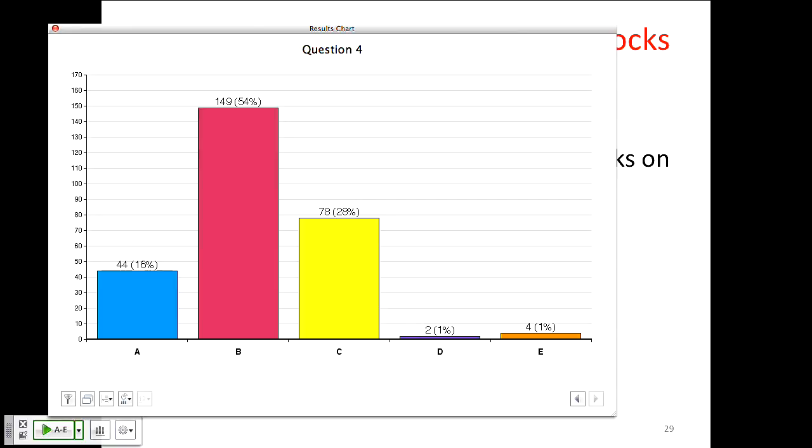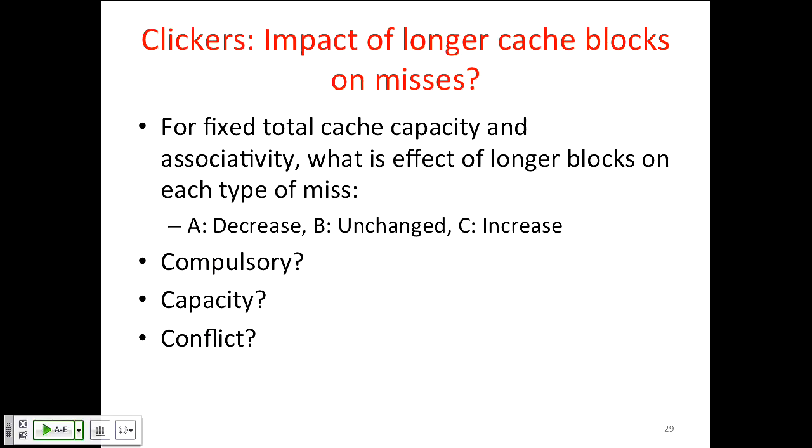All right, so we have a clear winner, but people worry about these two as well. Okay, let's look at this. Well, the simple answer and the correct one to put on an exam is it will leave it unchanged. If I increase the block size and keep the capacity the same, the capacity misses should really be unchanged.